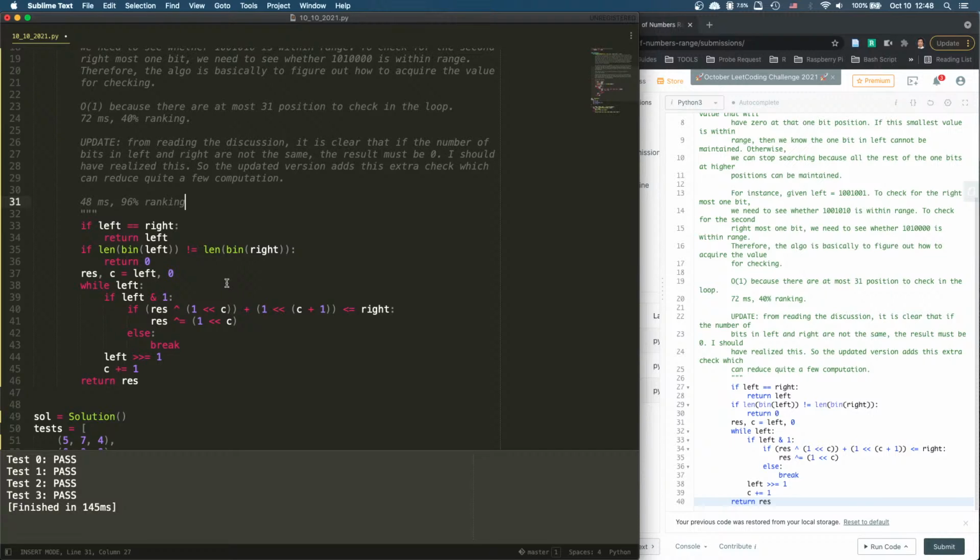And whether the prefix can exist depends on the remainders, right? So the prefix, whether the prefix can exist, not really depends on the remainder.